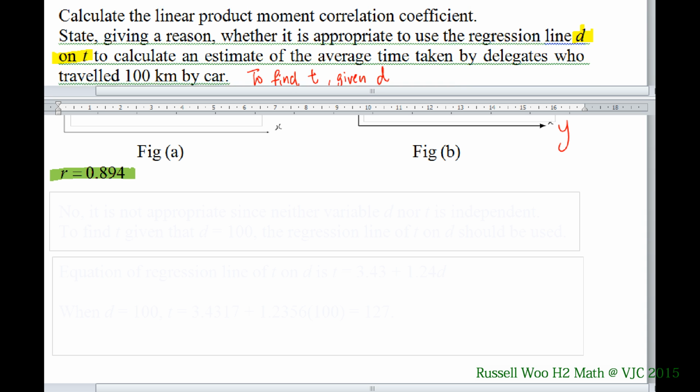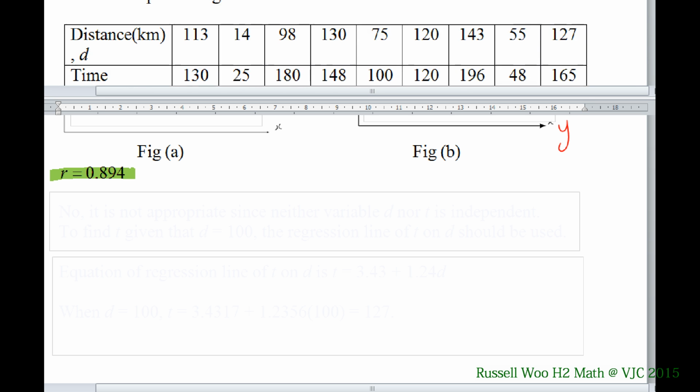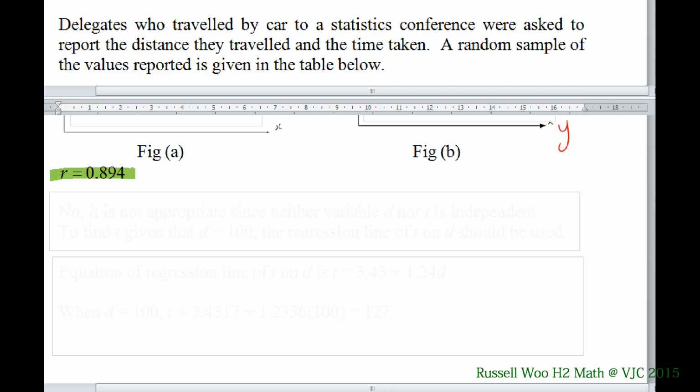How was the data collected? You see? Delegates who travel by car are asked to report the distance they travel and the time taken as a pair. So every delegate, I ask delegate A, you tell me what is your distance, what is your time. Delegate B, what is the distance, what is your time. You only report as a pair.